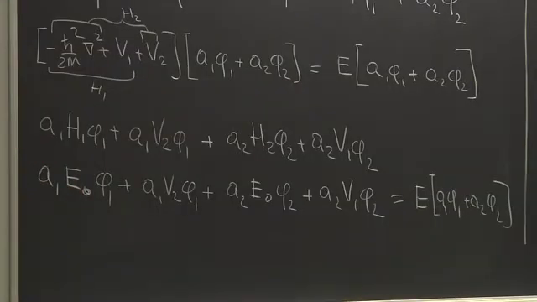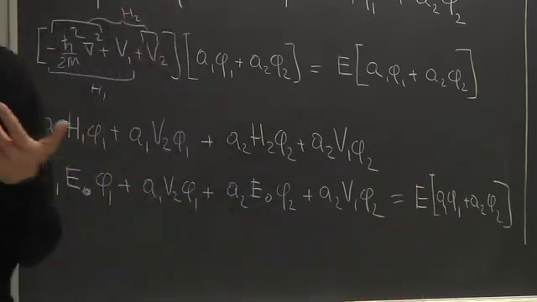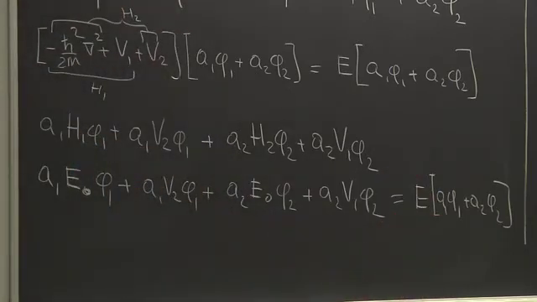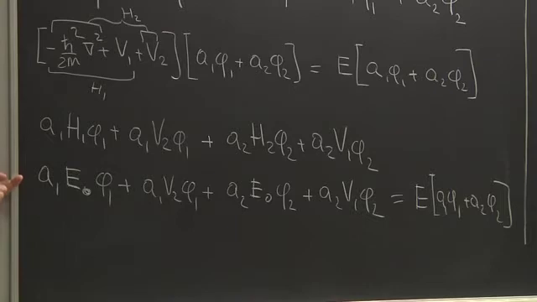All the rest is given. However, it is an equation between functions. It's not an equation between numbers. In fact, if I want to determine three numbers, I would need at least three equations between numbers, right? Here I have a single equation, but it is an equation between functions.